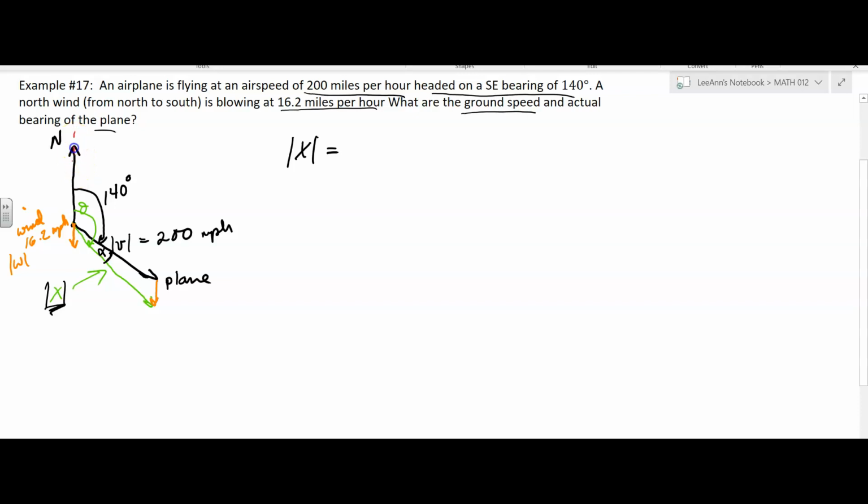But think of this being like this vertical line here, and then having another vertical line right here. Those lines are parallel. And so the vector of the plane is bisecting those parallel lines. And so we have what's called opposite interior angles from geometry. And so it means this angle right here is 140 degrees.